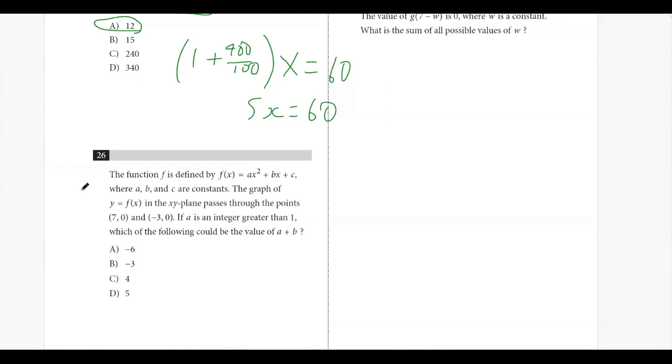So here is what we can do. I'm going to go ahead and plug these here. So we get 49a plus 7b plus c is equal to 0. And we got 9a minus 3b plus c is equal to 0.